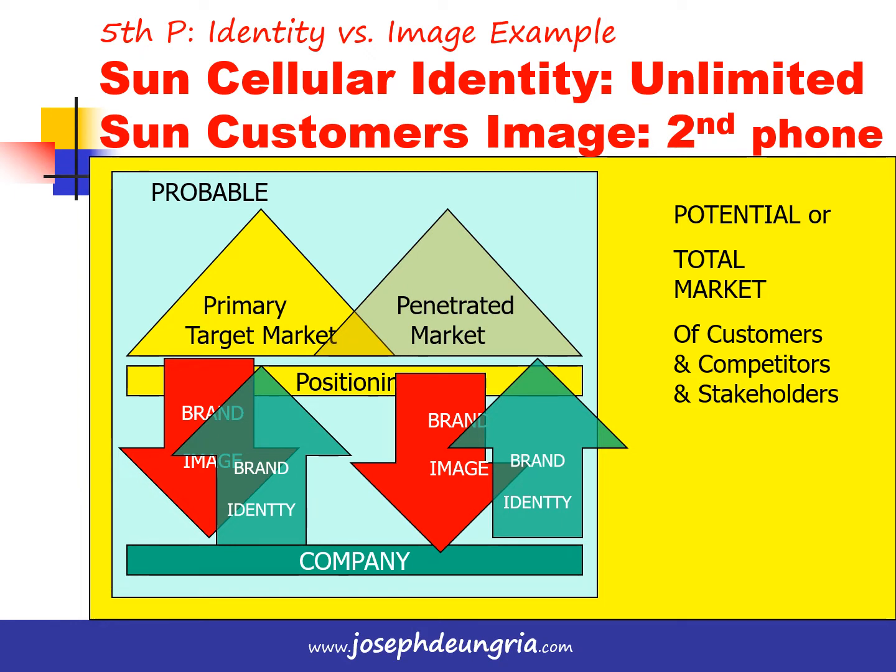So, this example is relevant because Sun came in when the two were already dominant. Smart and Globe were already very dominant. So, it was the third player coming in. And when Sun came in, it was telling everybody, hey, shift to Sun because we will be the first to offer only calls and only text.